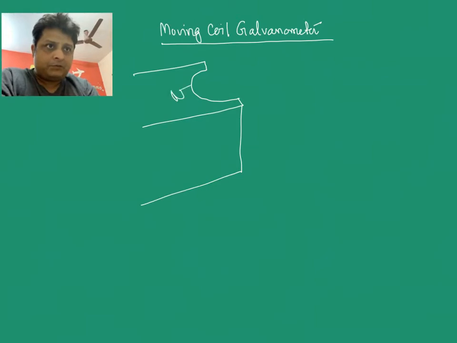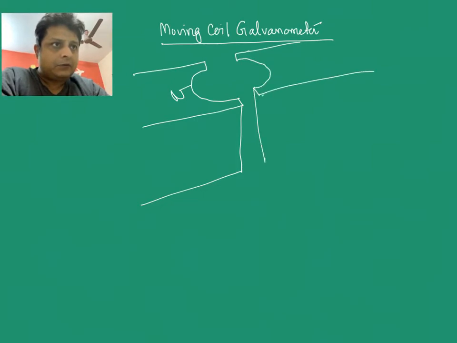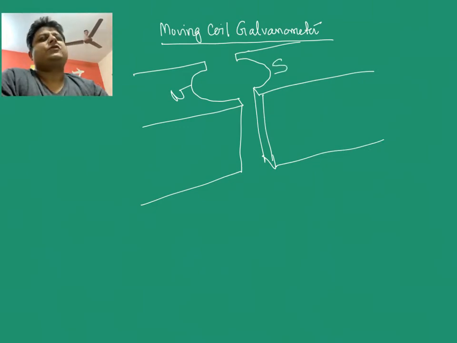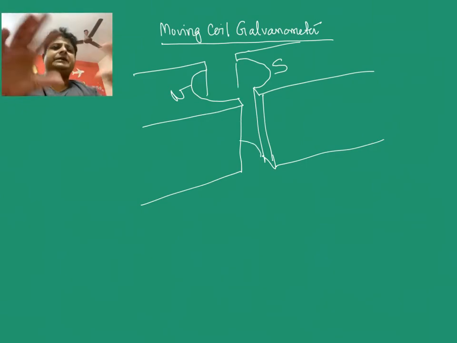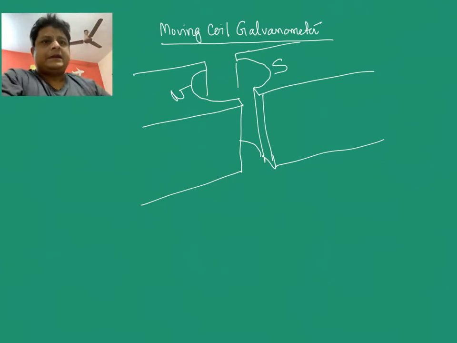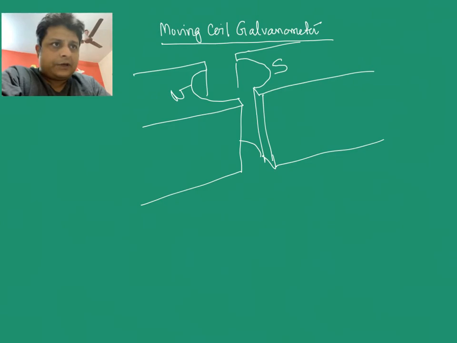So here the shape is like this. This is the north pole and this is the south pole of a very strong magnet, and see, these are the lines like this, and as you can see, the magnets are circular in shape, and here in between this is a soft iron core.